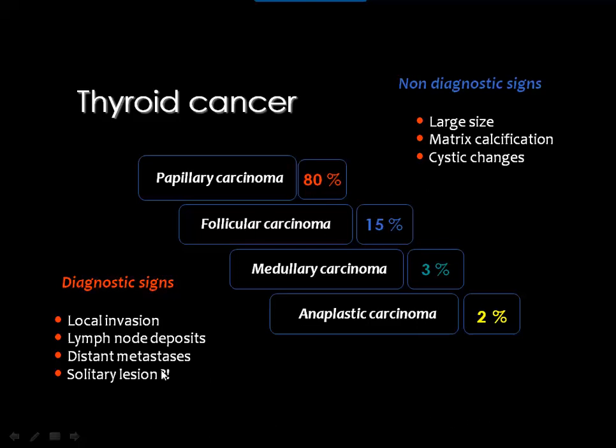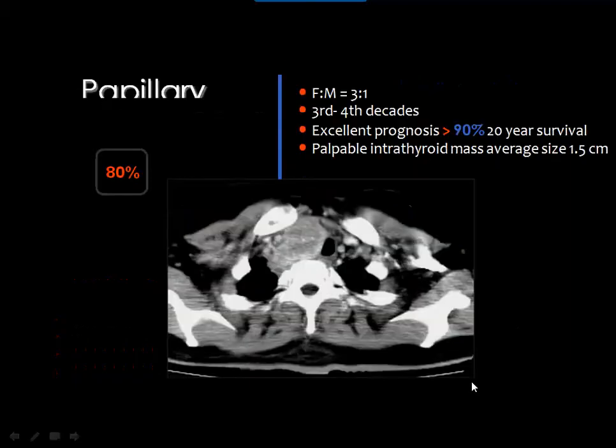And whenever you see a solitary lesion in the thyroid, you have to exclude the possibility of malignancy, because the malignancy in a solitary nodule is a little bit higher than in cases of multiple nodules. The papillary carcinoma is 3 times more common in females than males, and this is the age incidence in the 3rd and 4th decades of life.